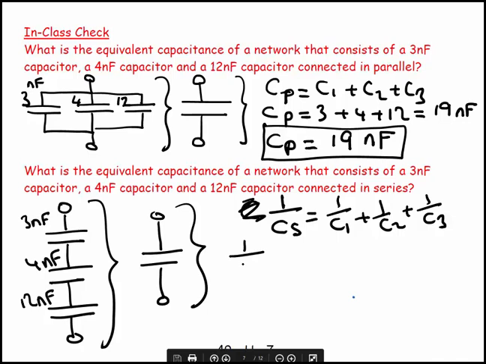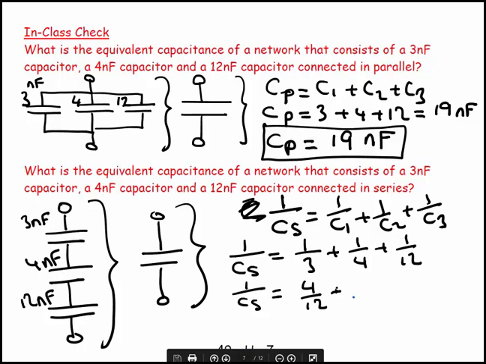So 1 over C series is equal to 1 over 3 plus 1 over 4 plus 1 over 12. So 1 over C series is equal to, common denominator is 12, 4 over 12 plus 3 over 12 plus 1 over 12.